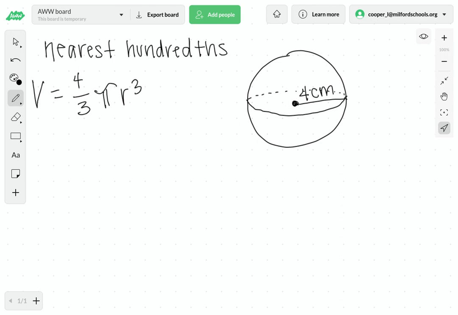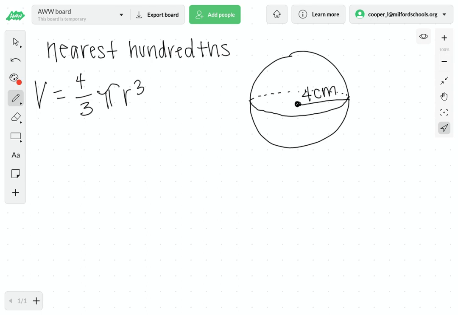And remember, we are going to make pi 3.14. And our radius is 4, so we're going to raise 4 to the third power.